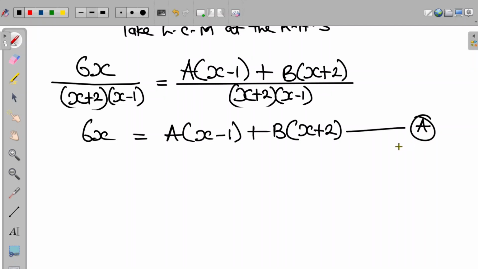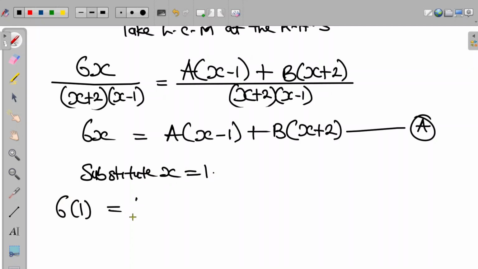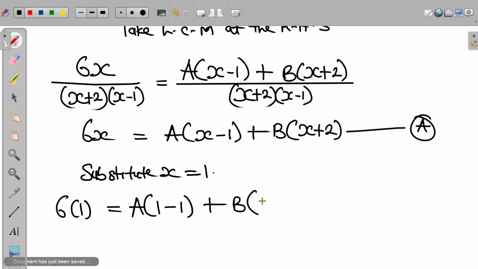So first, let us substitute x equal to 1 into equation A to eliminate a. So we have 6 multiplied by 1 equal to a, open the bracket, 1 minus 1, plus b, open the bracket, 1 plus 2.